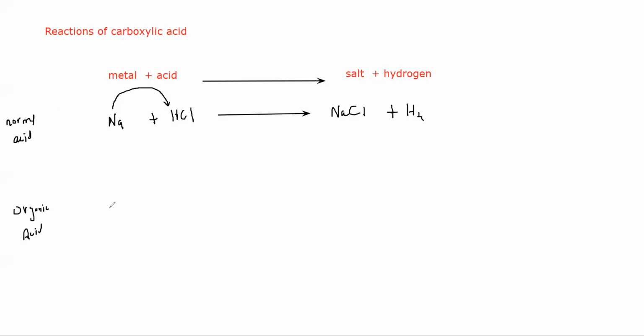Say you have ethanoic acid, CH3COOH, and it reacts with a metal, sodium. The same thing will happen. Sodium will displace hydrogen. Which hydrogen will it displace? The hydrogen at the end.